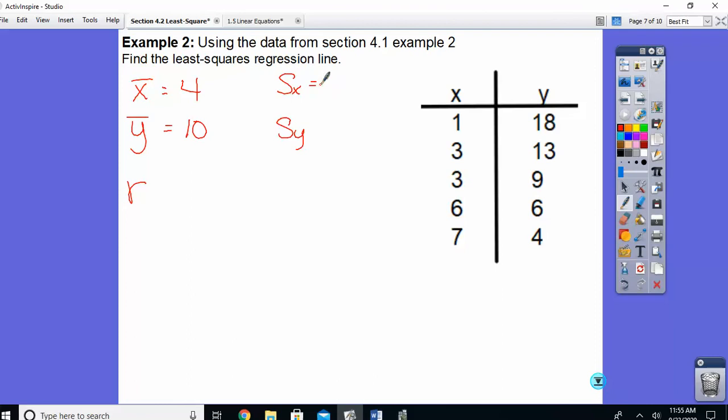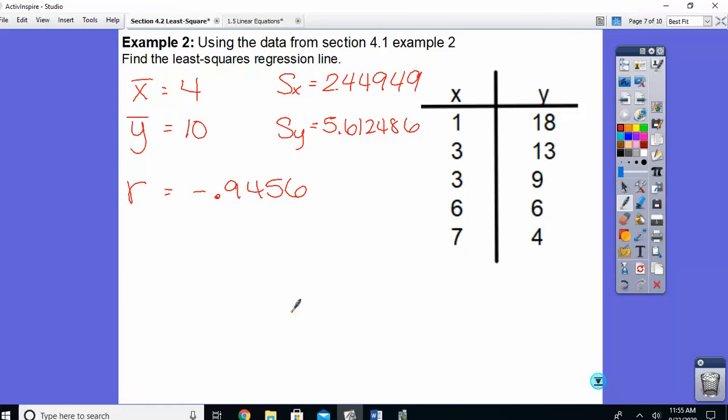Standard deviation of x? Standard deviation of y? And what did we get for the r, the correlation coefficient? Okay. So from all of that, we can get our regression line.